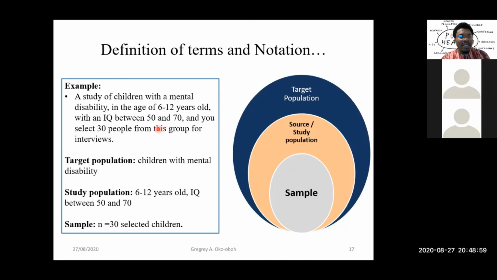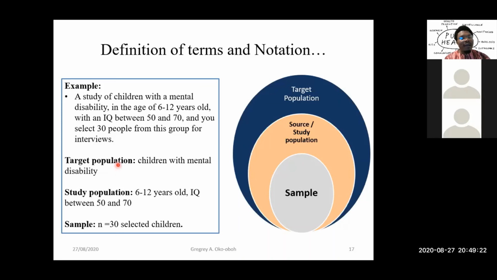So this is a good example. Let's take a look at this example. A study of children with a mental disability aged 6 to 12 years old with an IQ between 50 and 70, and you select 30 people from this group for interviews. Now, what is the target population? The target population is children with mental disability.